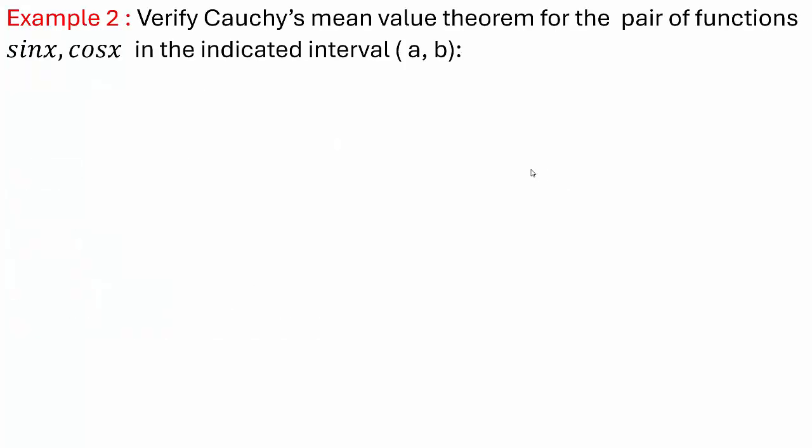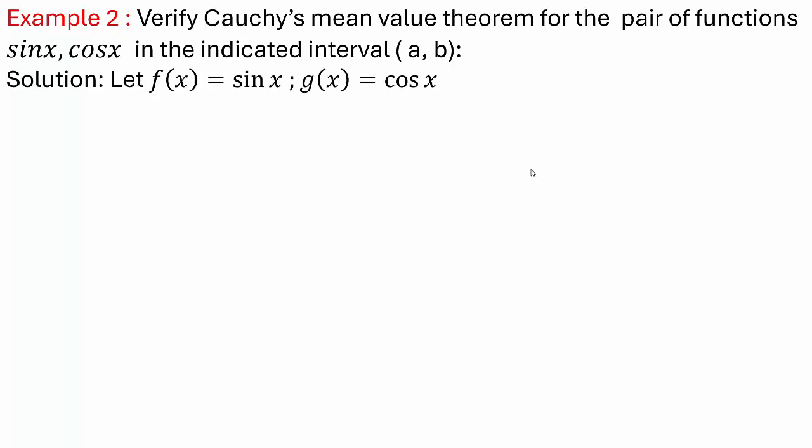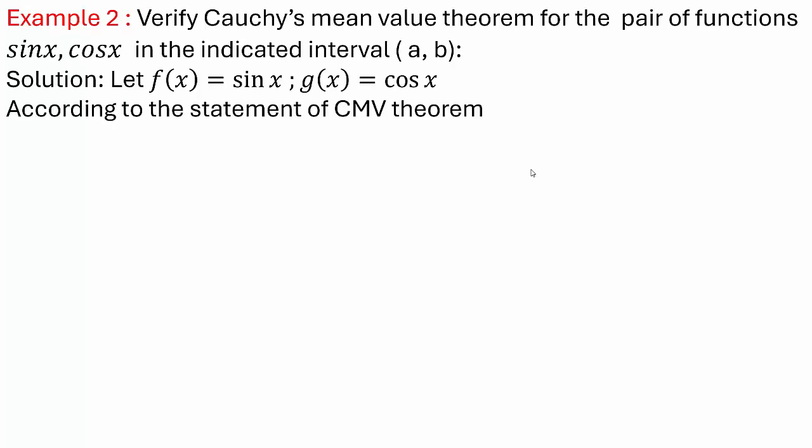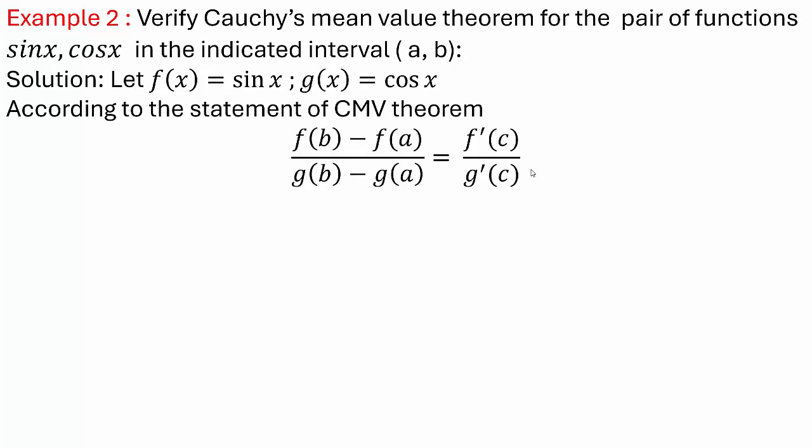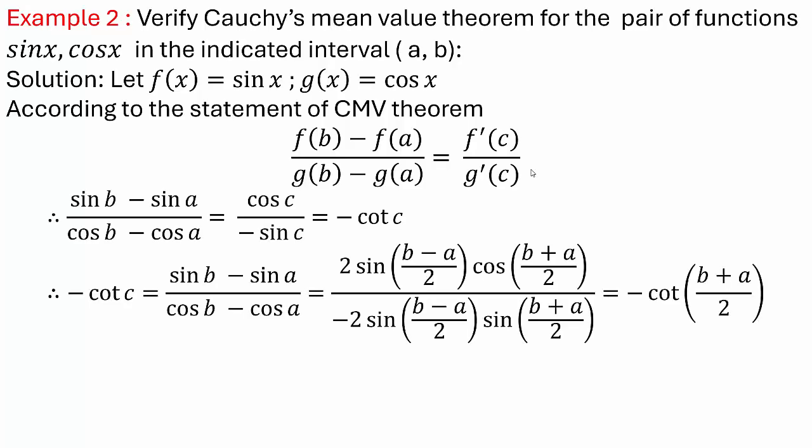Second example, verify Cauchy's mean value theorem for the pair of functions sin x, cos x in the indicated interval ab. Here we shall assume that fx equal to sin x, gx equal to cos x. According to Cauchy's mean value theorem, we get at least one point c in ab such that f of b minus f of a divided by g of b minus g of a equal to f dash c divided by g dash c.